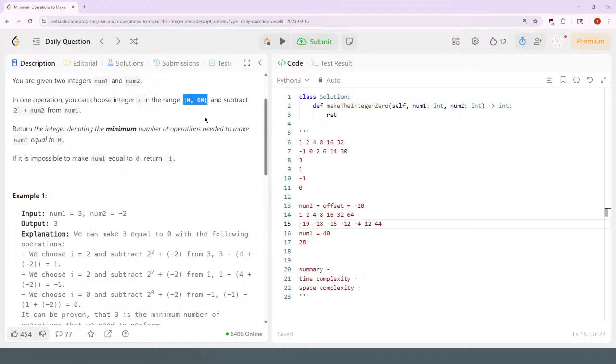And then each of those has 61 possible values that you subtract the next number by.